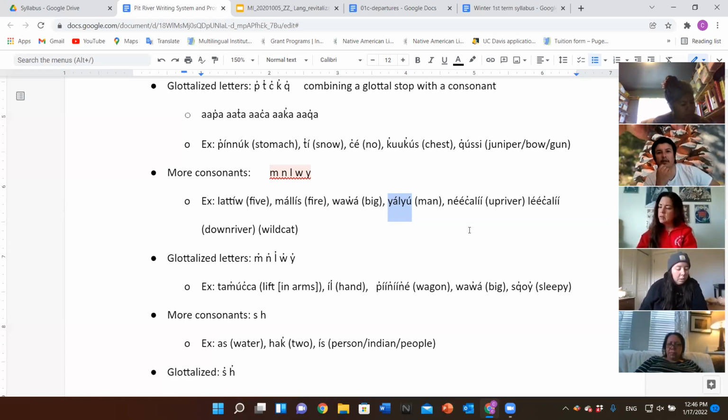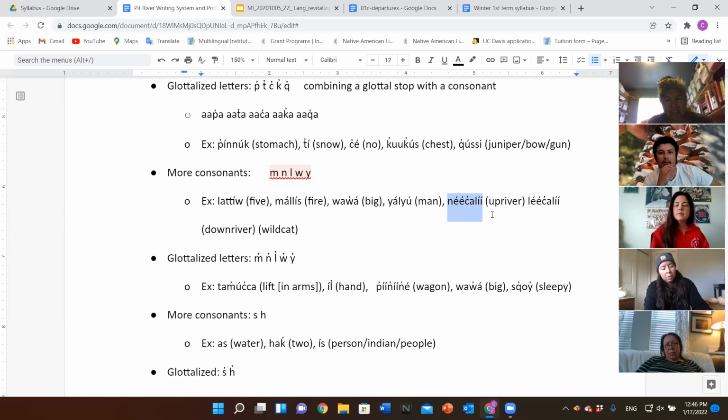And then Ne Chali. There's no glottal stop by the L, so it's Ne Chali.